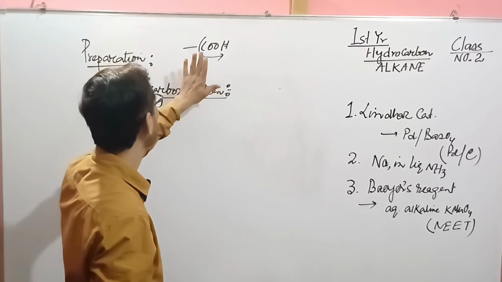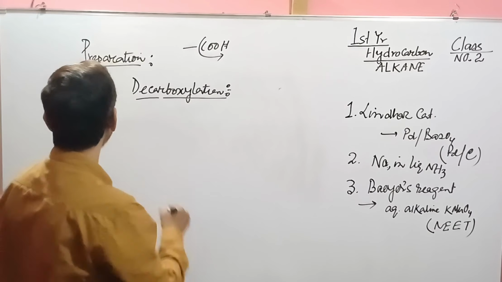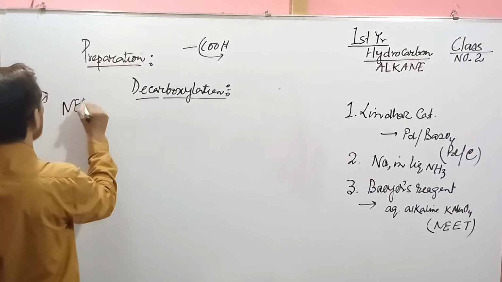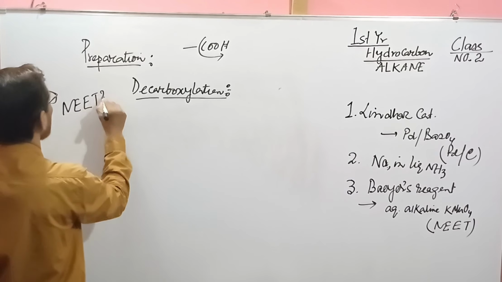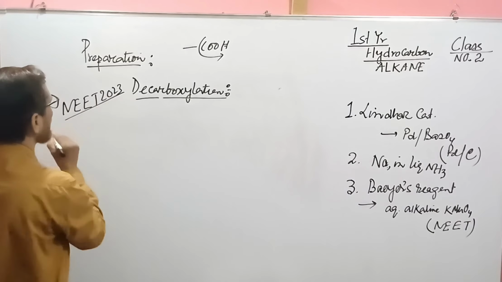In decarboxylation, the carboxylic acid group is lost. There was a question on this in 2023. So follow minutely. Each and every question is from the content of the chapter, and you will find each and every answer.